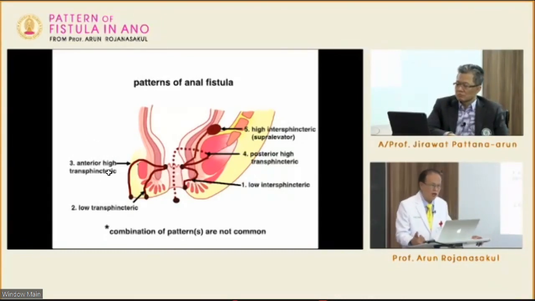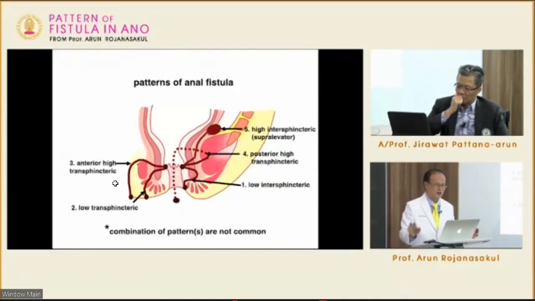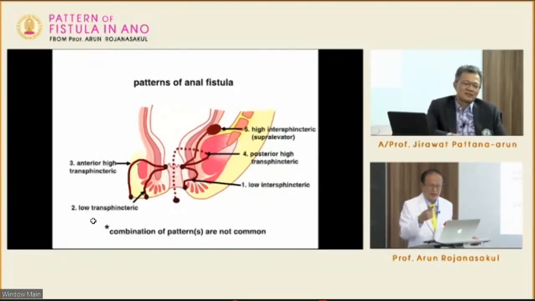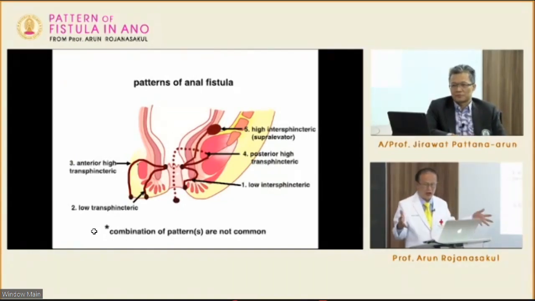So I use knife in the anterior, or I use modified fifth. It's now more confused. Why modify fifth? I cut the internal sphincter. I cut the external fistula tract, very open.